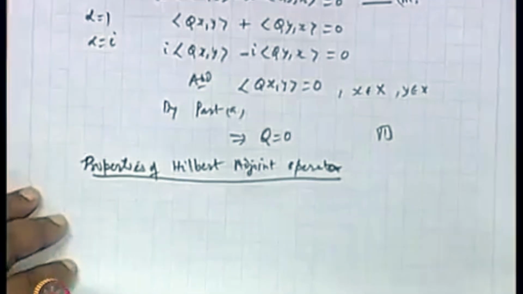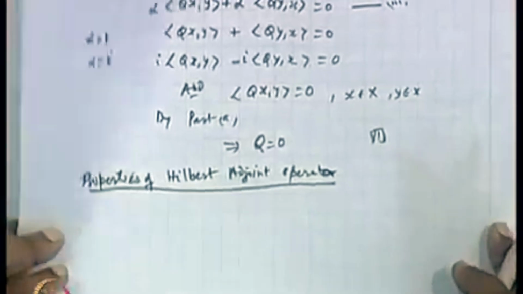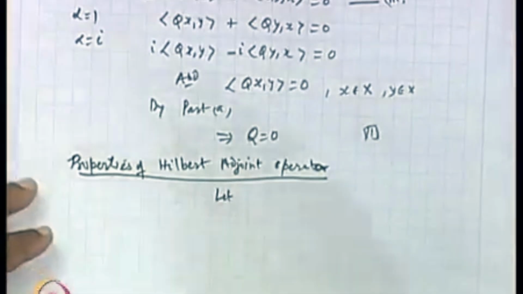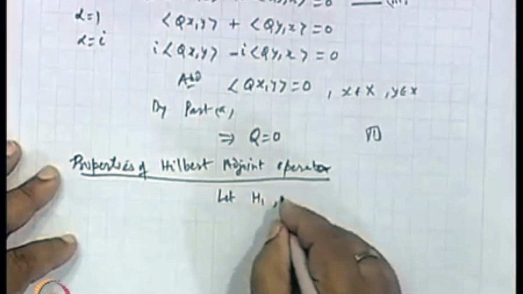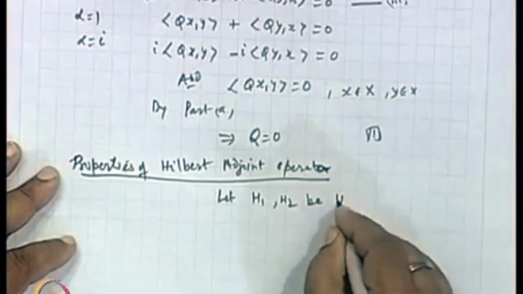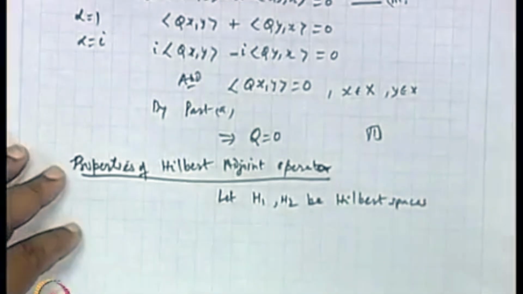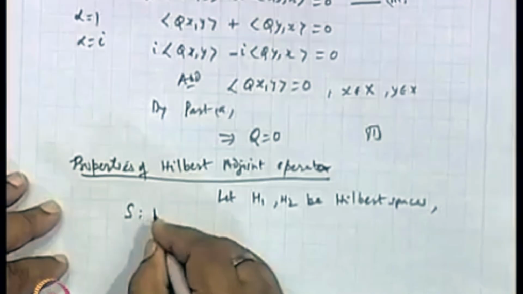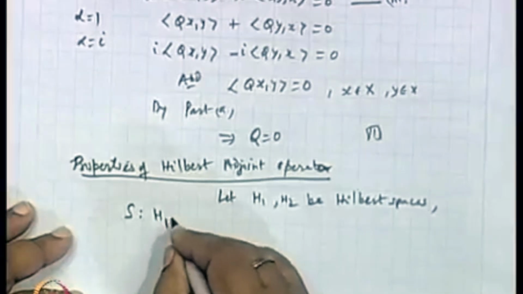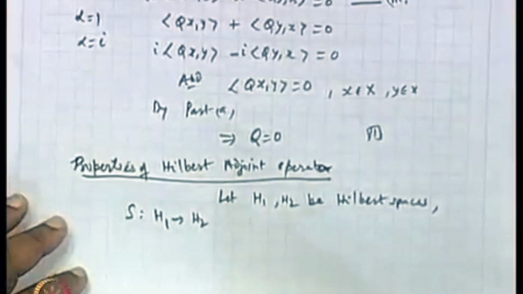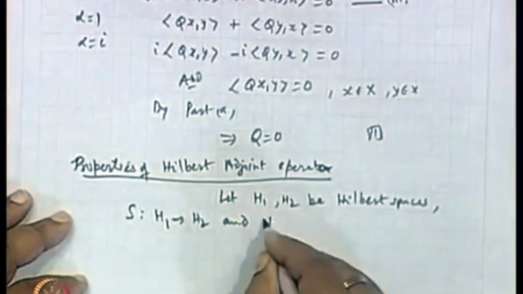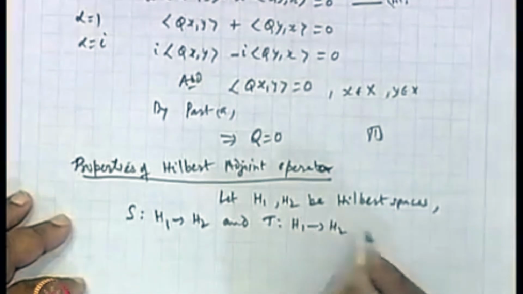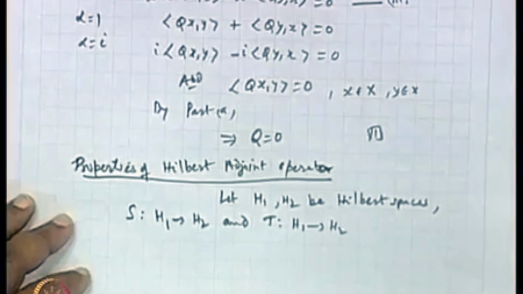Okay, so let H1 and H2 be Hilbert spaces, and S is an operator from H1 to H2, and T is an operator from H1 to H2, and both are bounded linear operators.